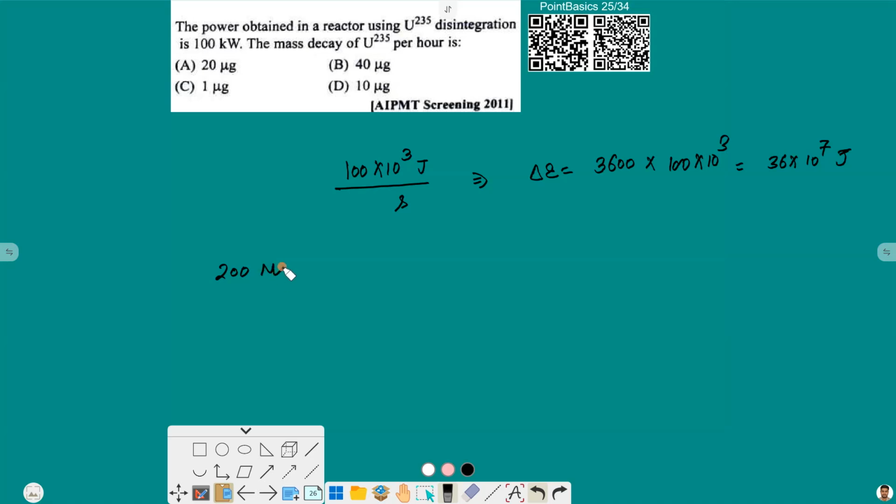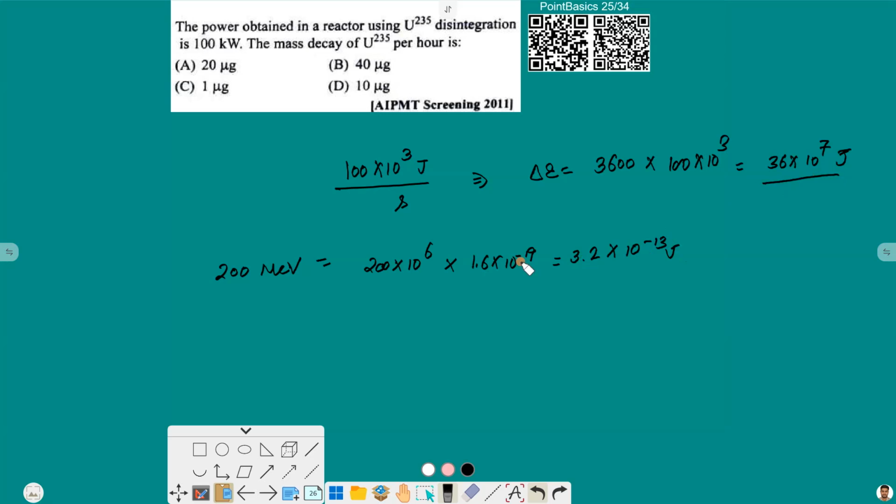So per fission we have 200 MeV energy produced, and that will be equal to 200 into 10 raised to power 6 into 1.6 into 10 raised to power minus 19, now it's in joules. So this will give us 3.2 into 10 raised to power minus 11 joule. This is the amount of energy per fission, and we need this amount of energy.